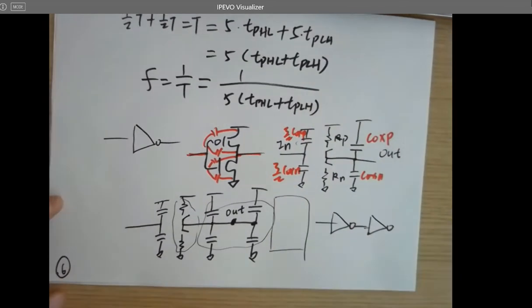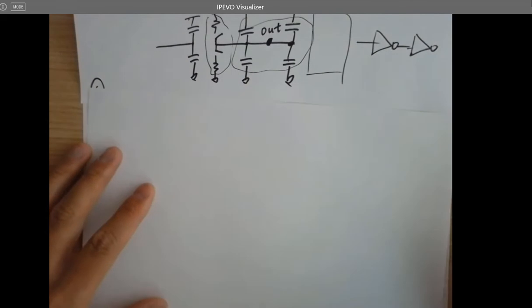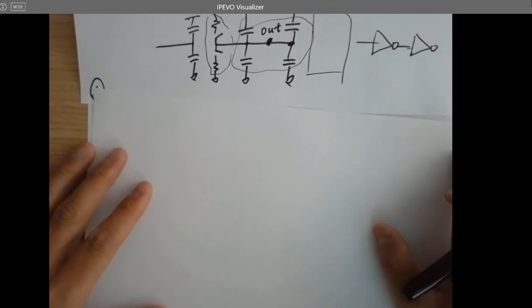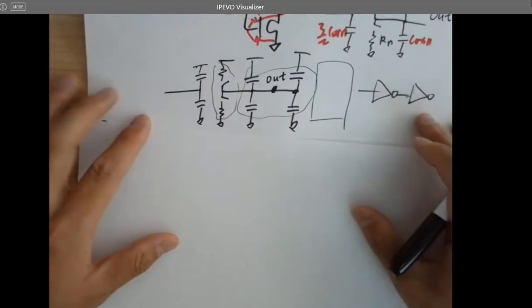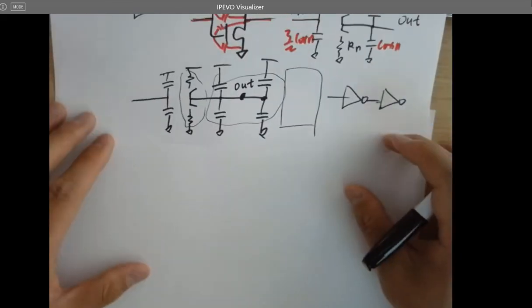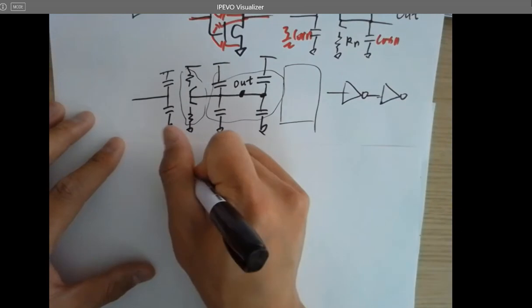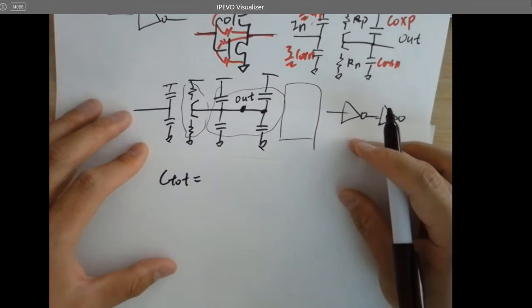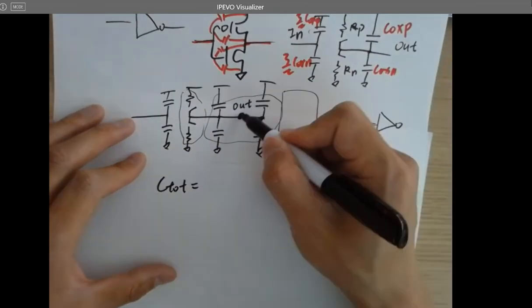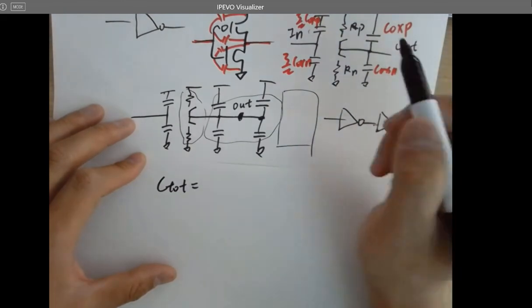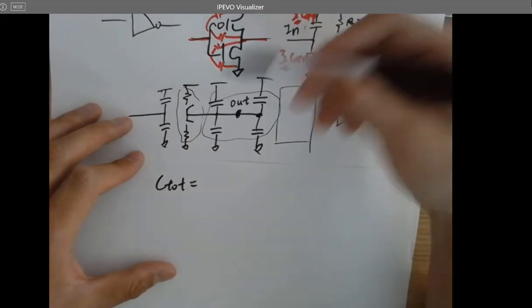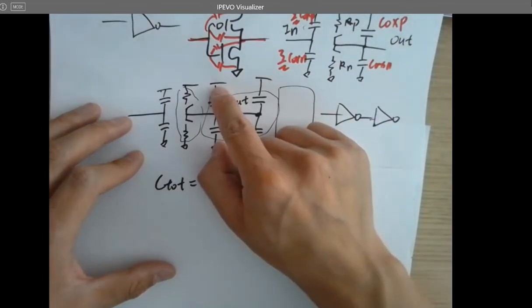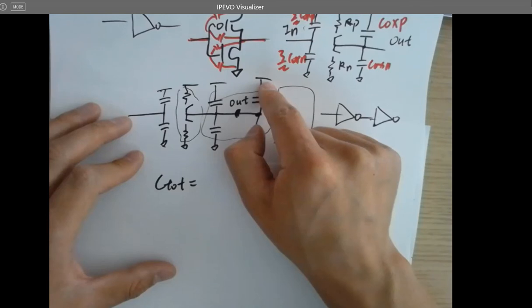Great. Let's calculate it. I'm going to give you some examples regarding this. For the output, what's the C total? When you are doing AC analysis, or just looking at the rising edge, falling edge, charging and discharging the caps, you can imagine all these DC sources are AC grounds.